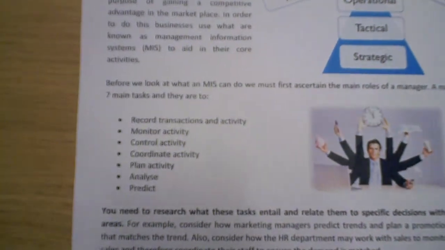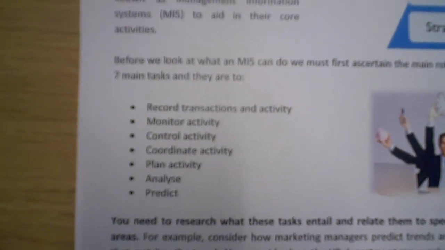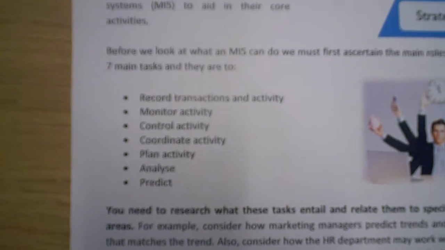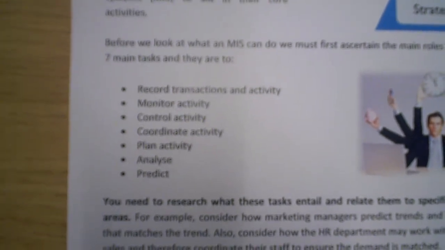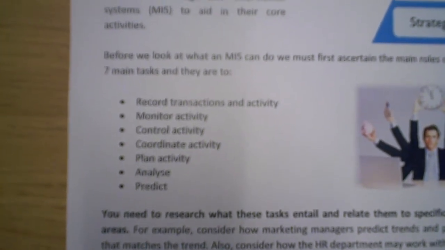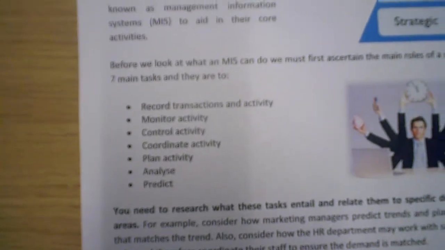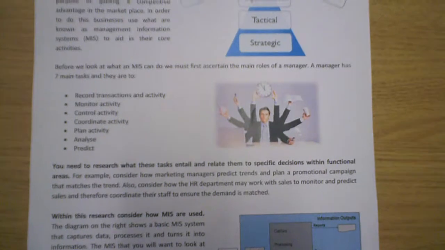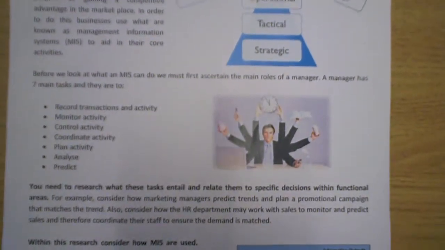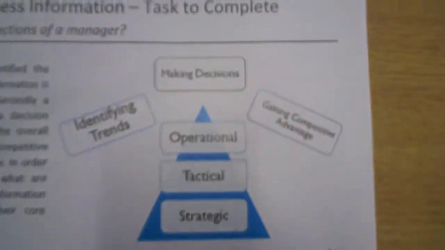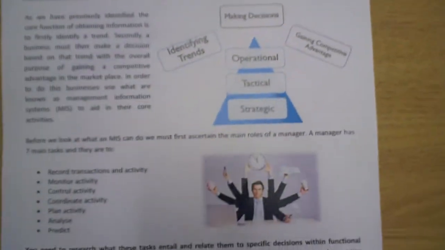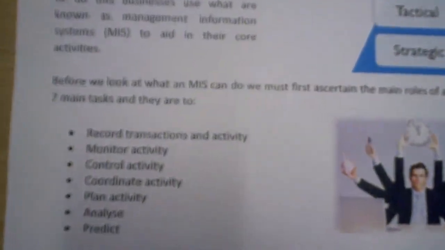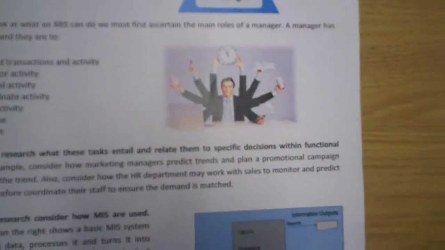Which one of these would you say applies to sickness patterns in HR? Well, hopefully you might have looked at monitoring activity. So the HR department are monitoring the activity of employees and then they go through this process. Although this may seem a bit repetitive, it's focusing on those key functions of a manager.